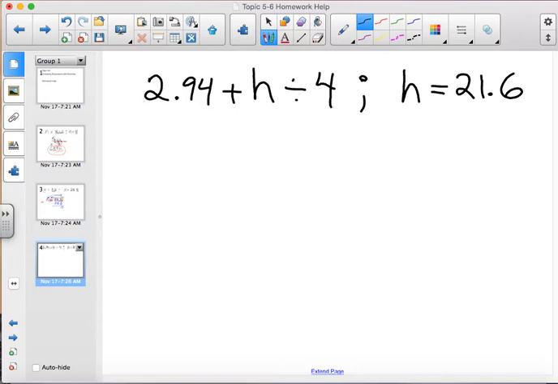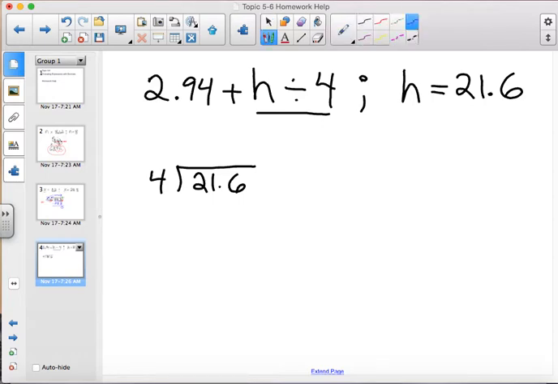Okay, here we go. We want to do multiplication or division first, which would be h divided by 4. So we will take the value of h, which is 21 and 6/10, and divide it by 4. There's no decimal in the divisor, so we ask ourselves, how many times will 4 go into 2?